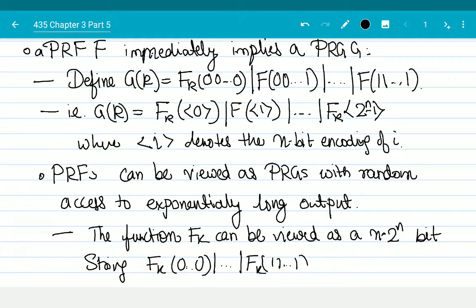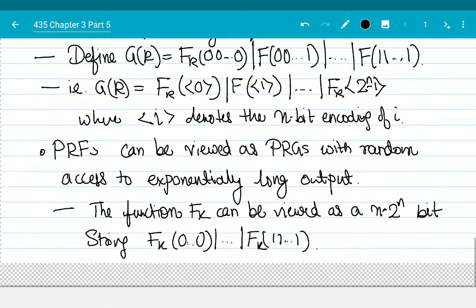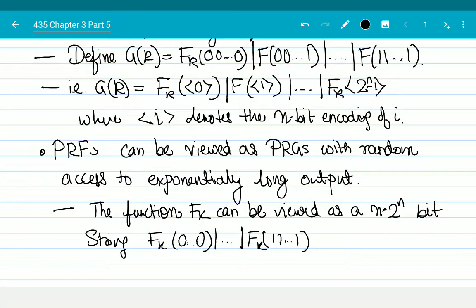We saw that the size of these functions, as a string, is n times 2 to the n bits. And so using a key of n bits and some function f, I can get a n times 2 to the n bit string that's exponential in n. So that's why these are really good.